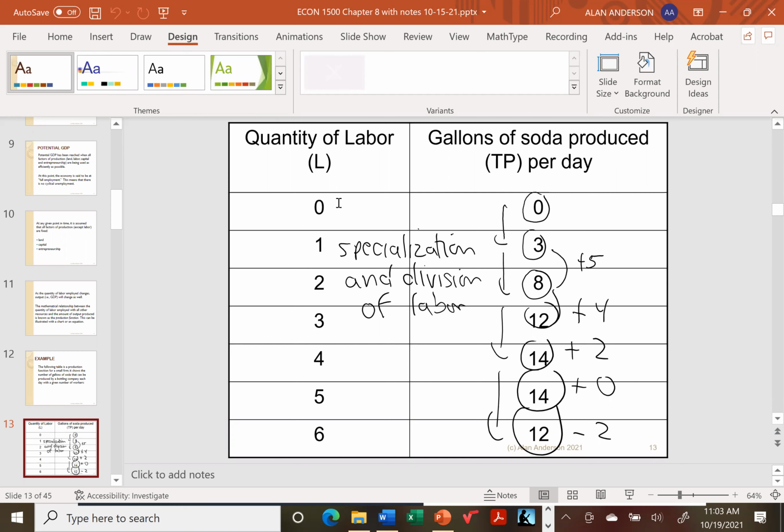So the owner says maybe a second person would be helpful. Now with the second person, we can have one person who does nothing but take orders and bring food to the tables, and the other person can cook all the burgers and do nothing else all day. Because of that, the output will grow very quickly because each person gets really good at what they're doing.